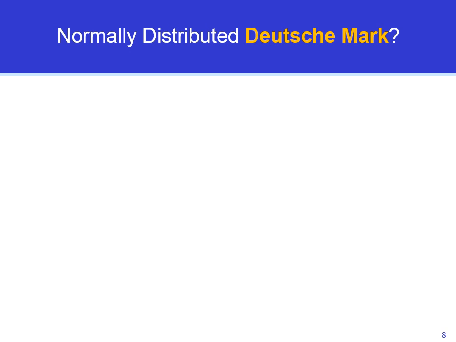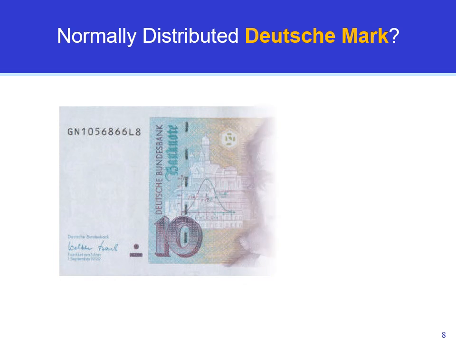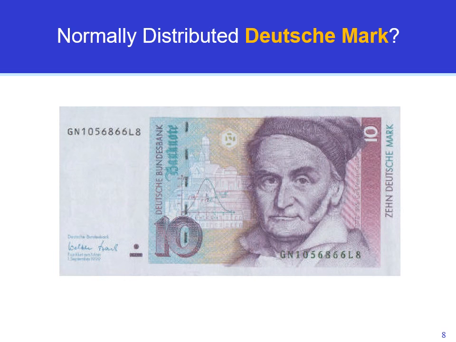To honor Gauss, they had his picture on their currency. This is Gauss, and if you look closely in the middle, you can see the normal distribution. This is the probability density function for the Gaussian or normal distribution.